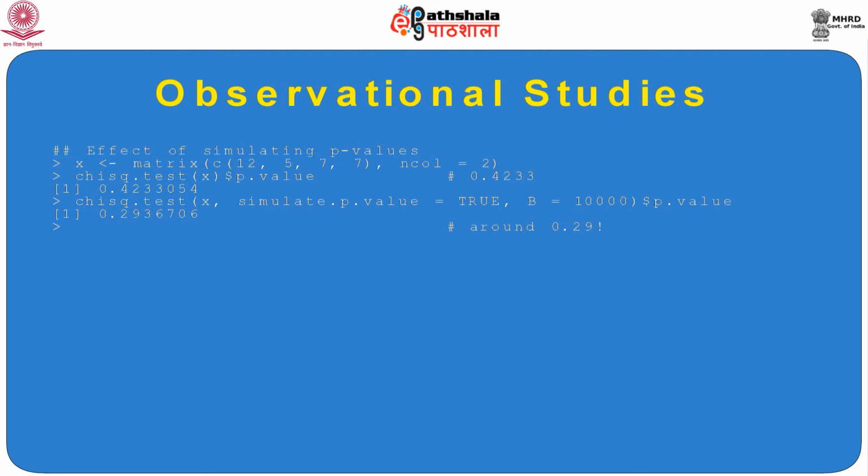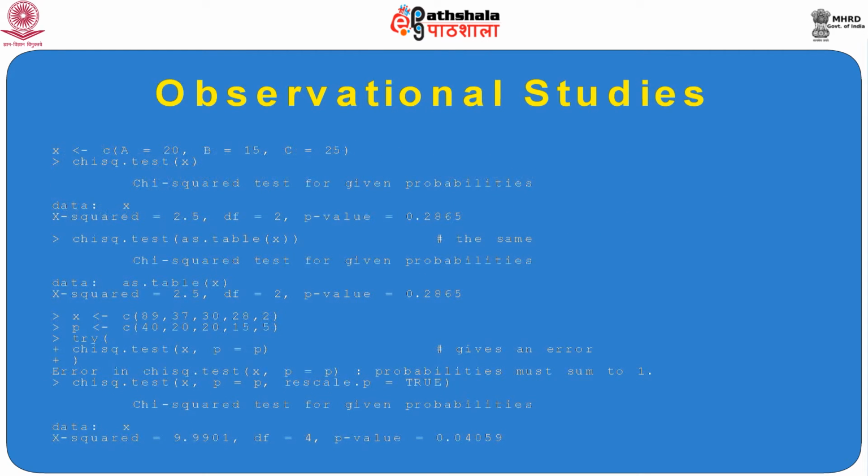Now we will go to another example. Here we are assigning a equals 20, b equals 15 and c equals 25 as variable x, and we are applying chi-square.test. We get the probability comparison with chi-square equals 2.5, degrees of freedom 2, p-value 0.2865. With chi-square.test of as.table(x) we get the probability for this table, and the p-value again comes as 0.28565.